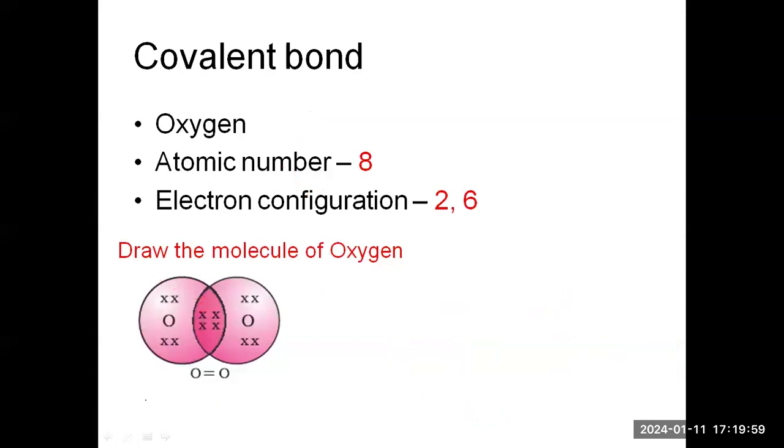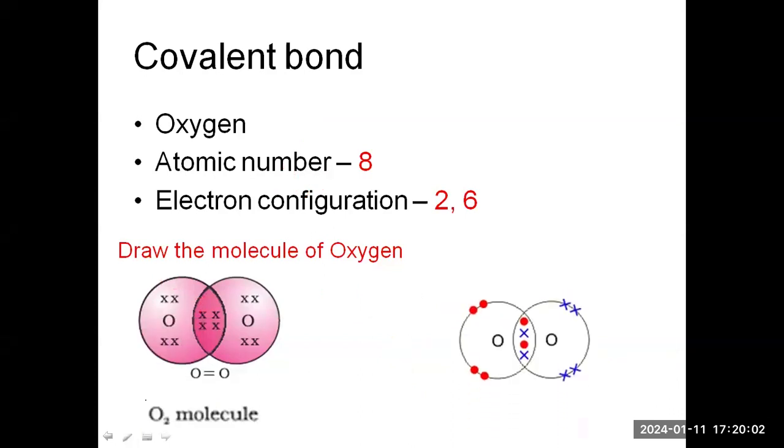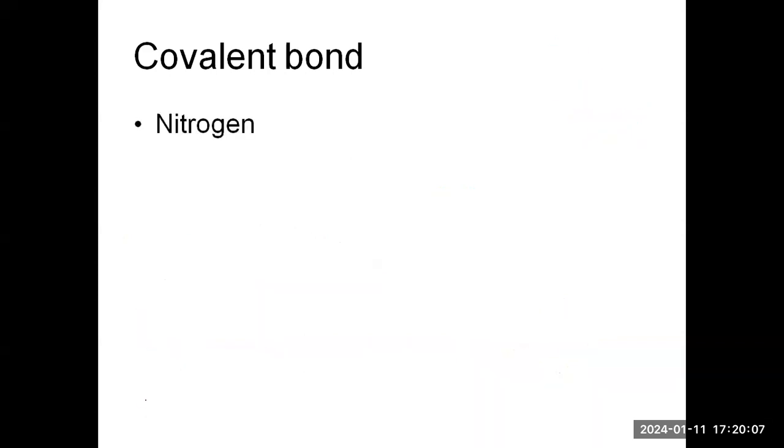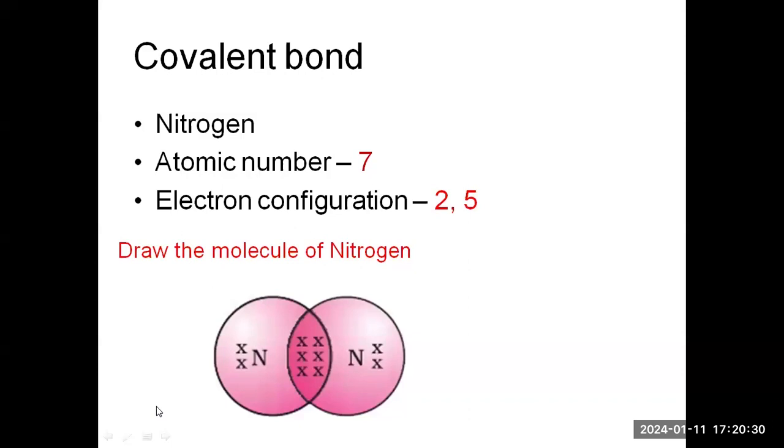So in this way, we get the molecules by the sharing of electrons. Everywhere you can see the covalent bond formation. Next is nitrogen. Nitrogen has the atomic number 7, so 2, 5 is the configuration. Nitrogen atom has 5 electrons: 1, 2, 3, 4, 5. Let me show you the diagram. You can see here nitrogen atoms sharing 3 pairs of electrons, 1, 2, and 3.